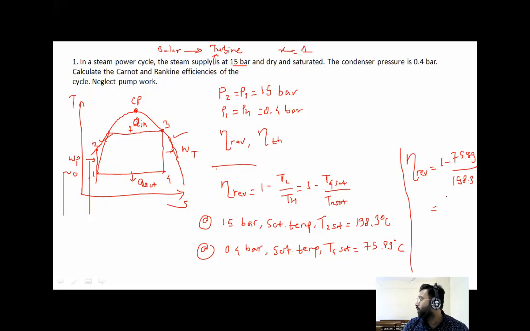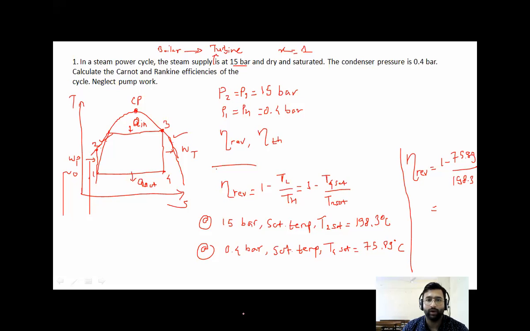So that means if you operate a Carnot cycle for the given temperature conditions, how much will this efficiency be? Those who are in online mode, please reply.